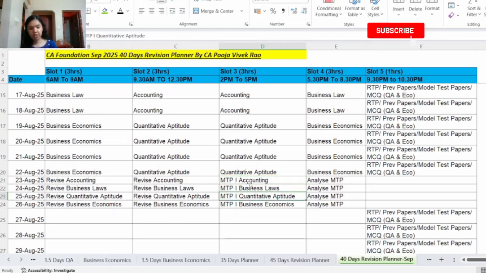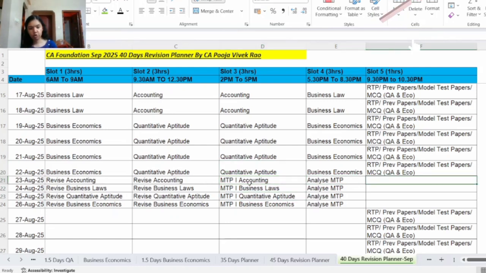Like this, you can make subject-wise notes, so that when you are revising, we have to ensure we mitigate these errors, because finally when we are going for the real exam, we should be fully prepared.